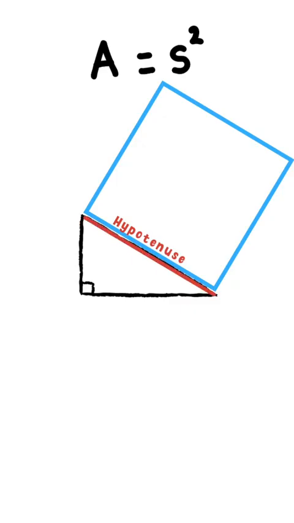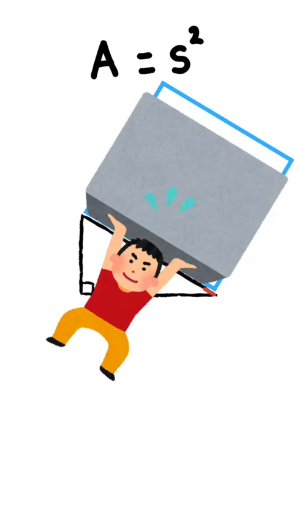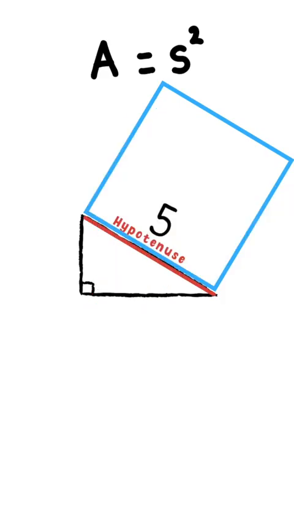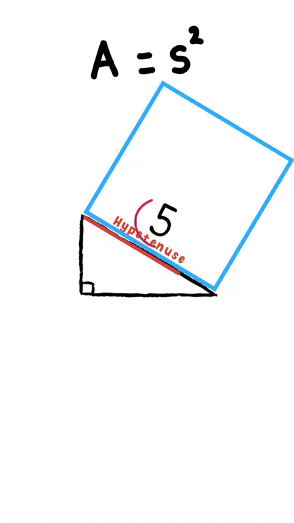So let's say the hypotenuse is 5. So that means if we put a square on the hypotenuse, then we can figure out the area of that square, right? We know one side of the square is 5, right? Yeah.